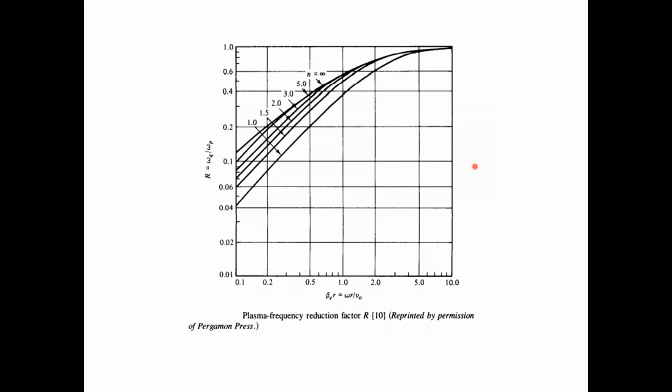In the 2-cavity klystron n equals 1, 2, 3, etc. So n equals 1, 1.5, 2, 3, 5, there are incremental variations for the capital N. It can be extended up to infinity. So automatically, when n is increased from 1 to infinity, the plasma frequency reduction factor also increases. This is one of the important features from an application point of view. The multi-cavity klystron is able to provide satisfactory results for the plasma frequency reduction factor. So this is one of the observation output waveforms for the multi-cavity klystron.